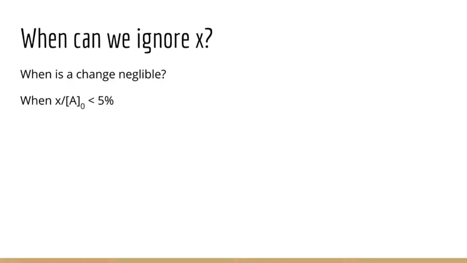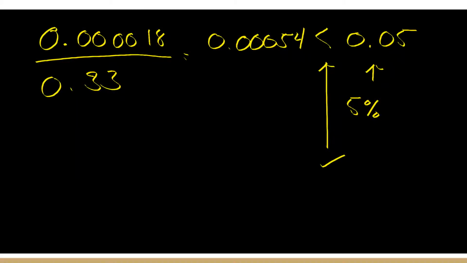5%. 5% is a good rule of thumb for when it's okay to sort of ignore x. Okay? So if you make the assumption that x is negligible, and you go through and do the work, you find x.